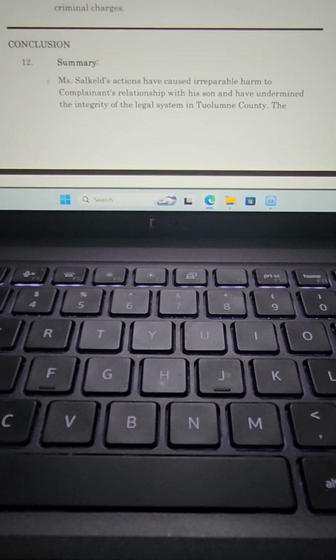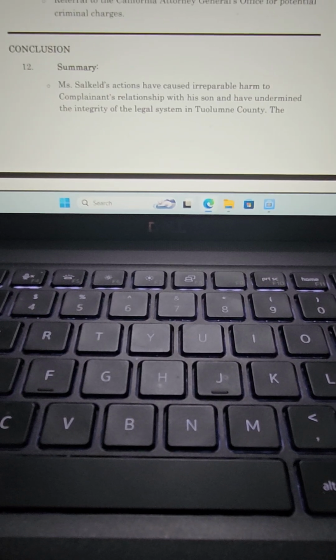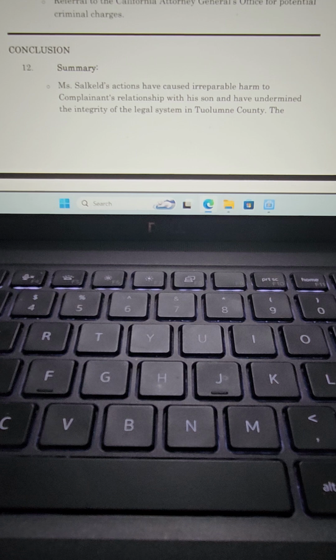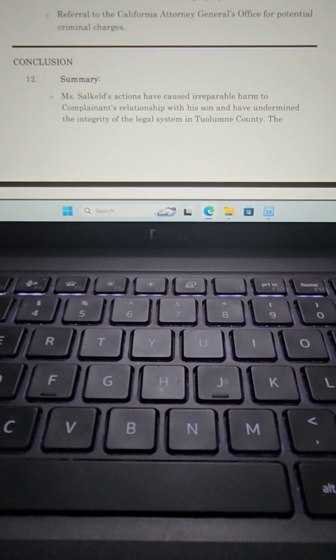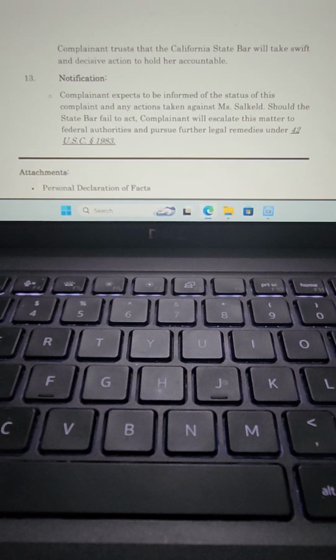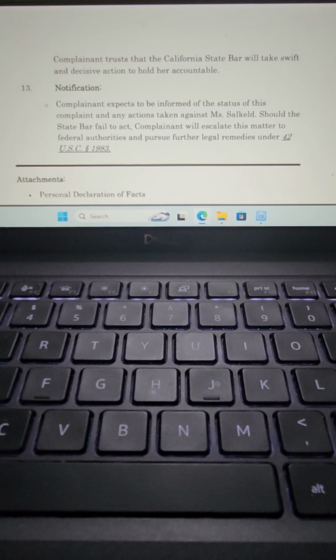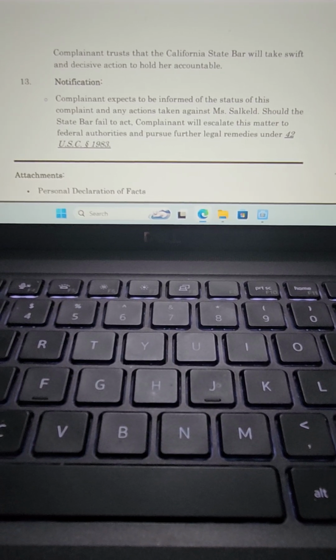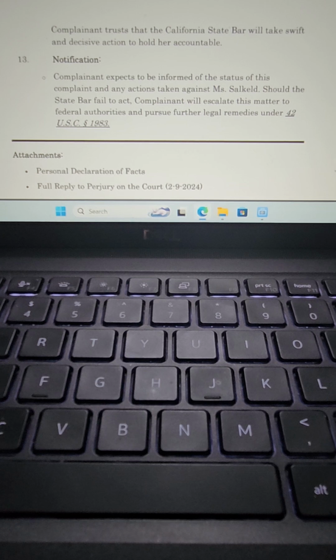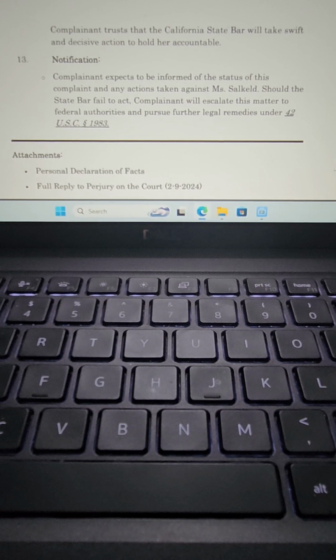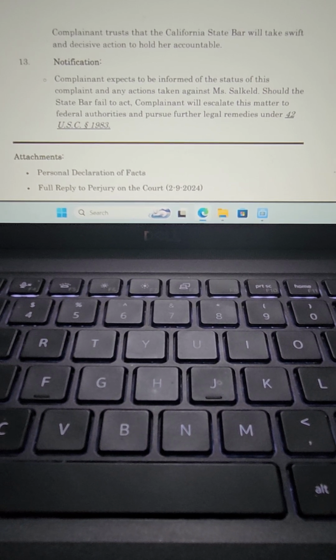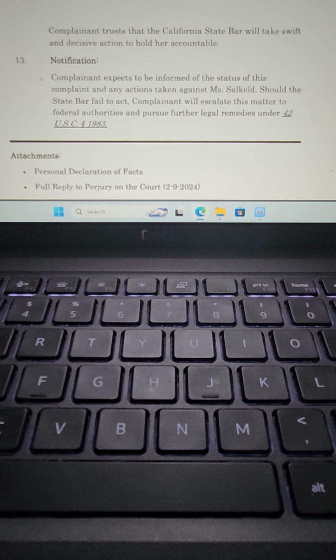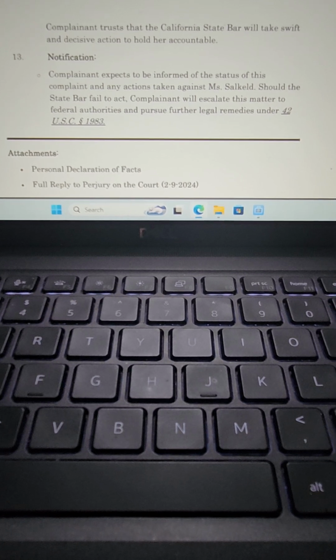Summary: Ms. Sockeld's actions have caused irreparable harm to complainant's relationship with his son, and have undermined the integrity of the legal system in Tuolumne County. The complainant trusts that California State Bar will take swift and decisive action to hold her accountable. Complainant expects to be informed of the status of this complaint and any actions taken against Ms. Sockeld should the State Bar act.